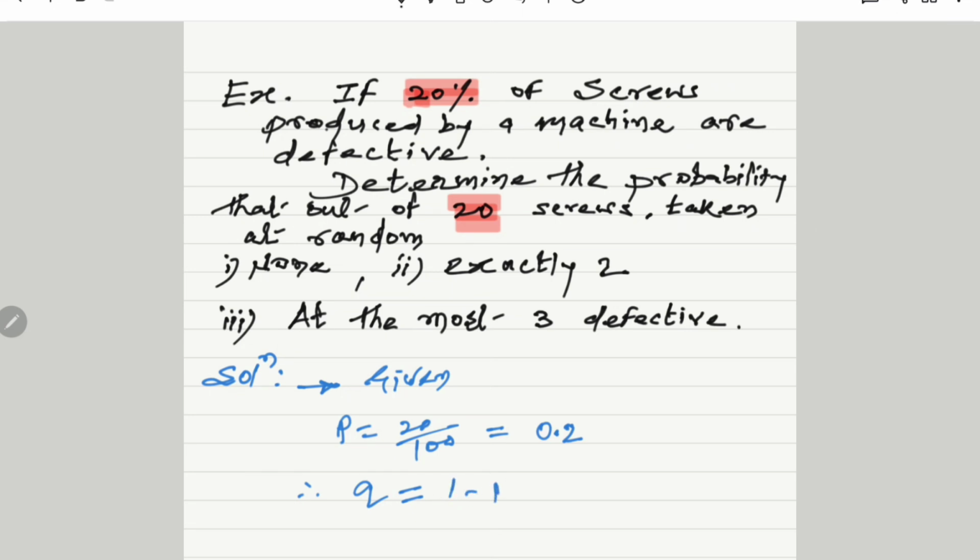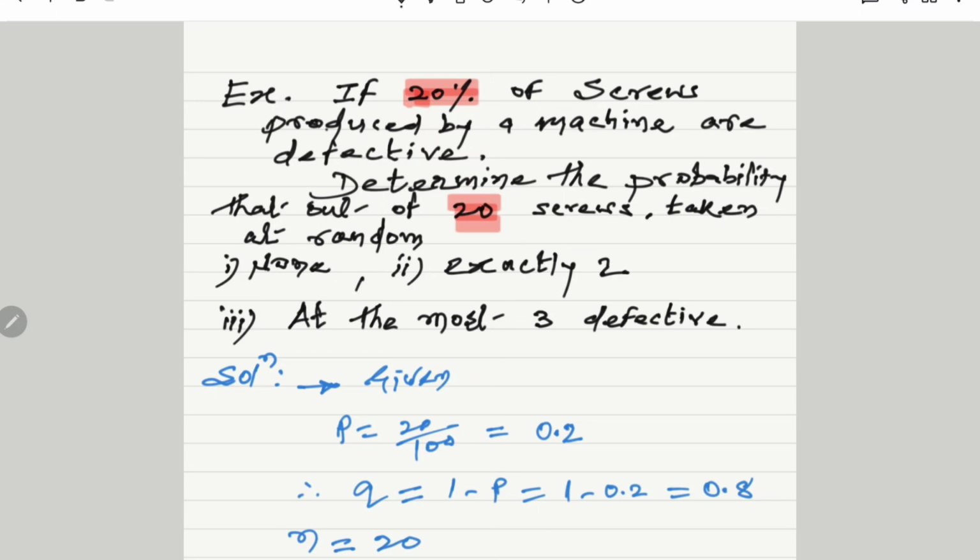It is 1 minus P, 1 minus 0.2, that is 0.8, and the value of N is 20 screws we have to take at random.